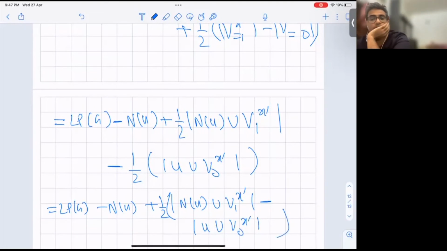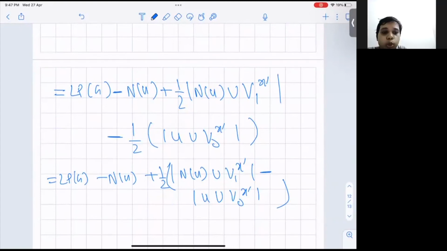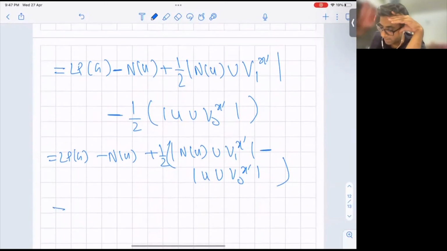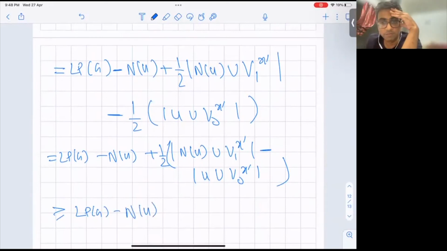And what do we know about this minus this? It is at least 2. So I can write this as minus N of U plus half of 2. Is that okay?